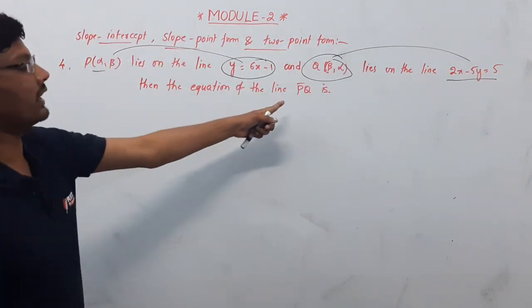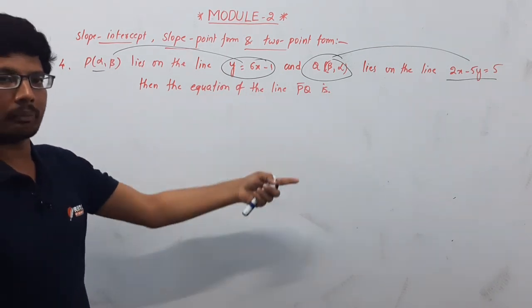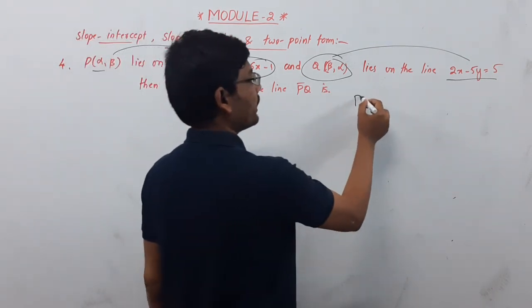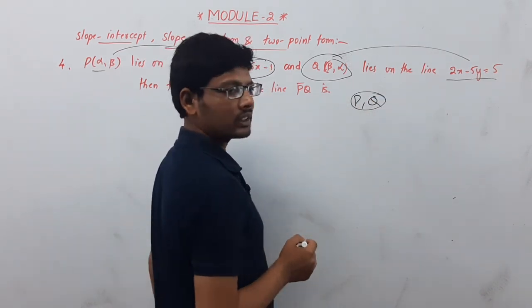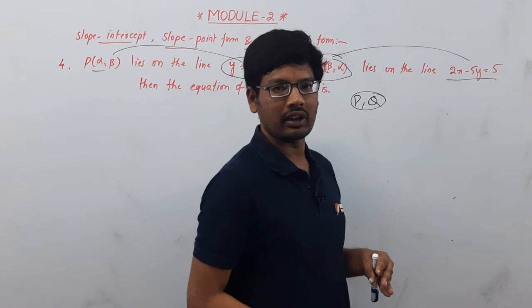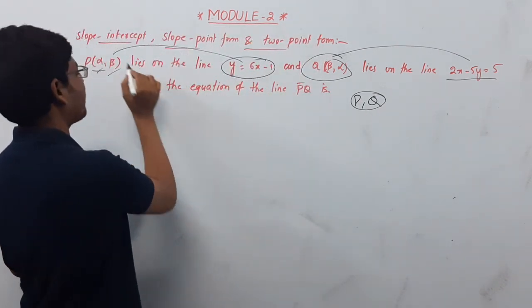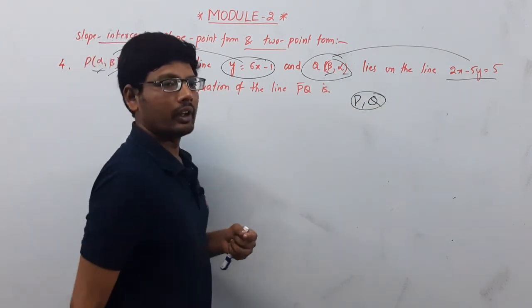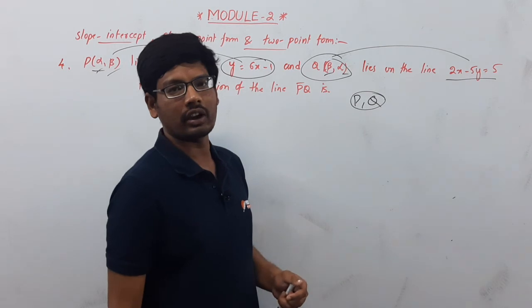So he is asking to find the equation of PQ. If you want to find the equation of PQ, we should know the PQ points. If you know the PQ points, then it is easy to find the equation of PQ. Here we don't know the PQ values, alpha comma beta and beta comma alpha.